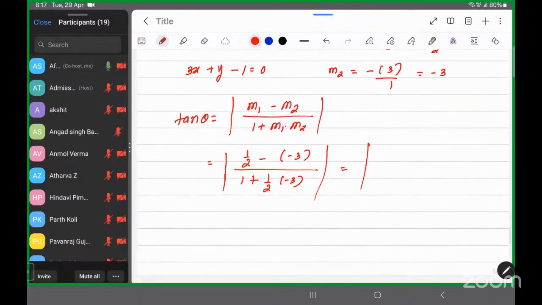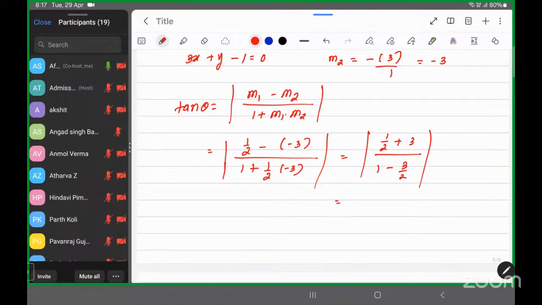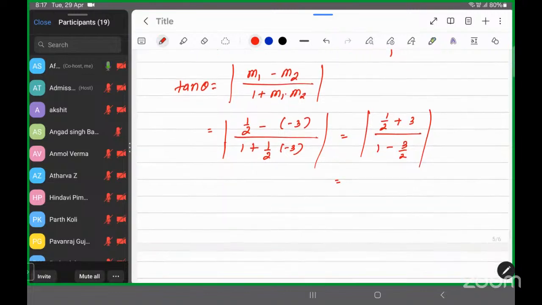After rearranging the terms, it becomes (1 by 2 plus 3) upon (1 minus 3 by 2). 2 threes are 6, 6 plus 1, 7 by 2, upon 2 minus 3, which is minus 1 by 2. So the options are again wrong, I think.